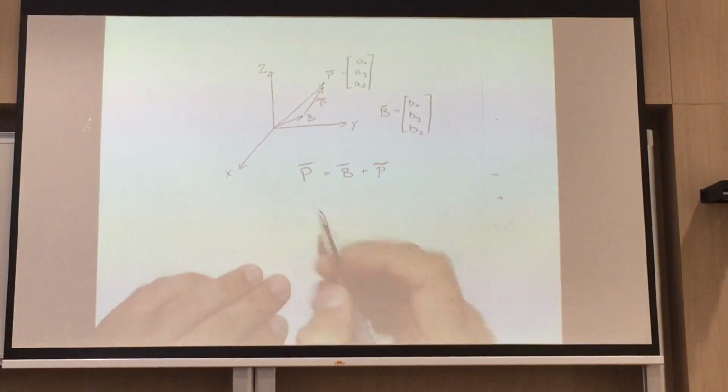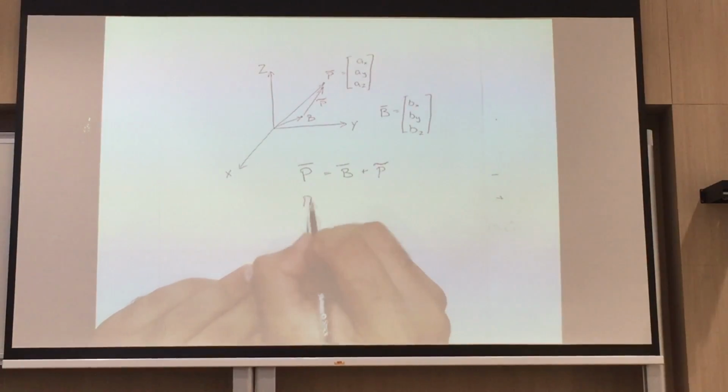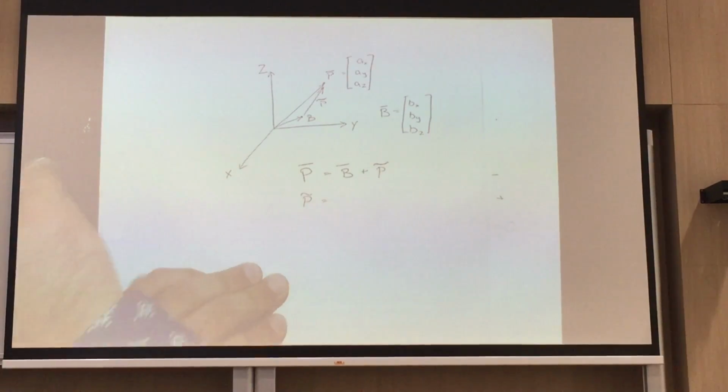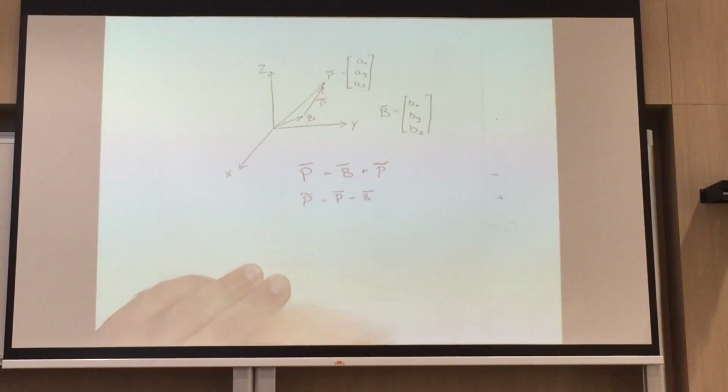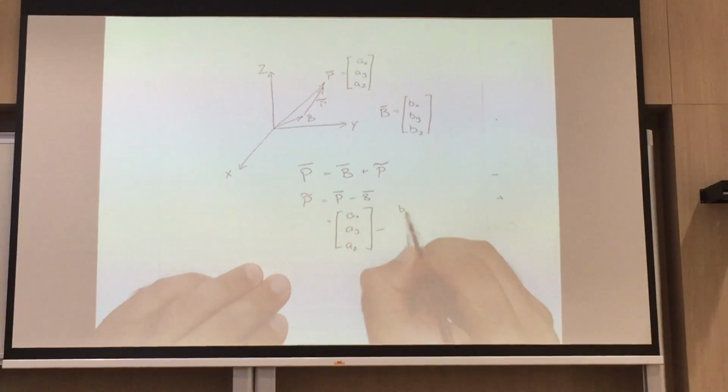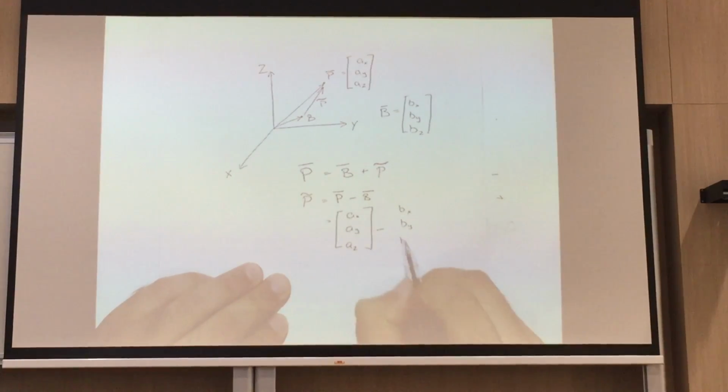Okay. So what I want is I want to find this. This is actually E bar minus E. Makes sense, right? If you put this back in, you get AX, AY, AZ minus BX, BY.